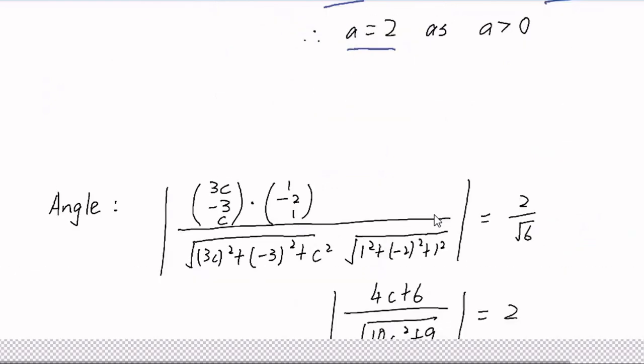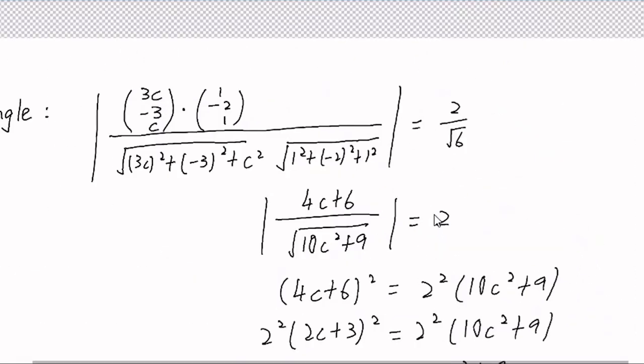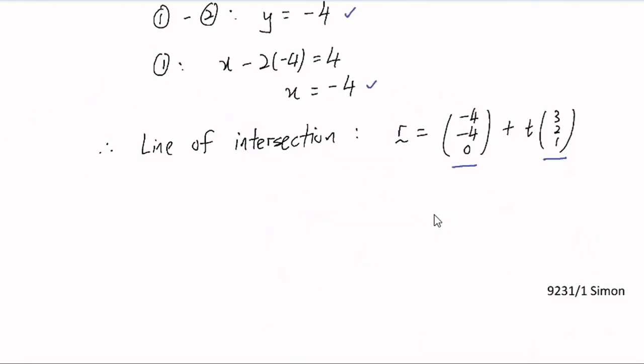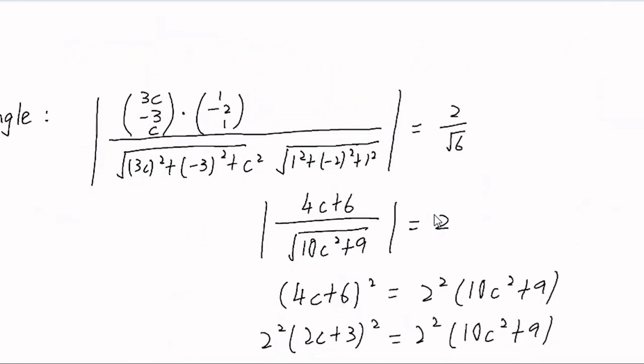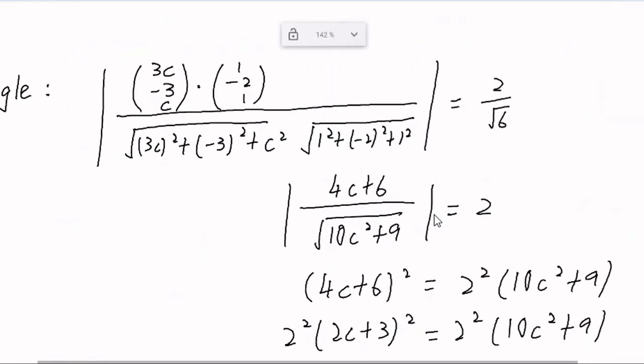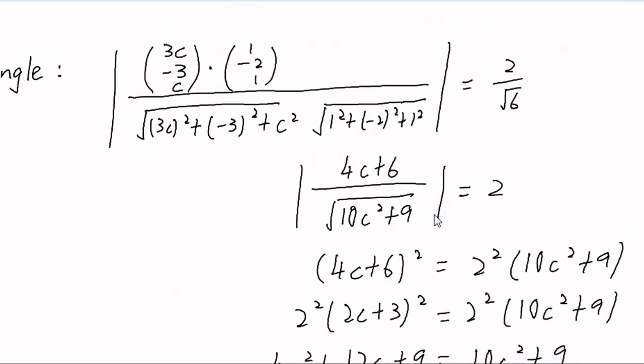For the second one, we look at the angle between the line and the plane. The angle between the line and the plane is given in the arcsine form, 2 over 6. So we want to find the angle using the dot product formula.